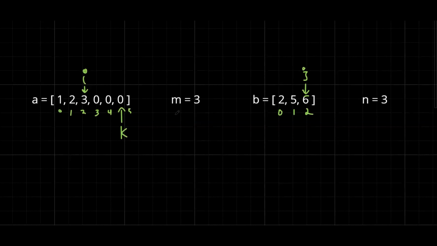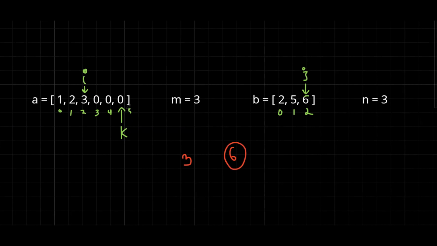Now here, we are checking the value at the ith index and the jth index. The value at the ith index is 3 and the value at the jth index is 6. Between these two, 6 is greater.